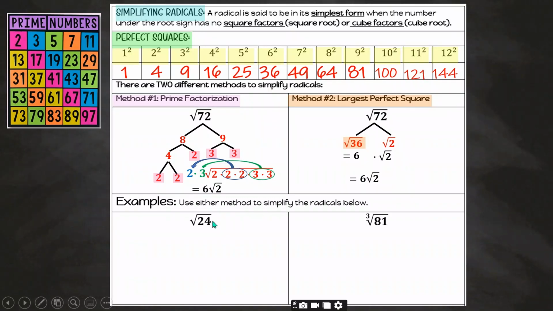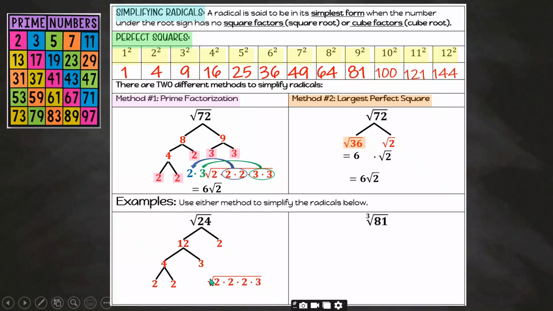All right, so using either method to simplify the radicals below, I have the square root of 24. Well, 24 can be broken down into the factors 12 and 2. 12 can be broken down into 4 and 3. And 4 can be broken down into 2 and 2. So now you'll notice underneath the radical, I rewrote that in expanded form as 2 times 2 times 2 times 3.